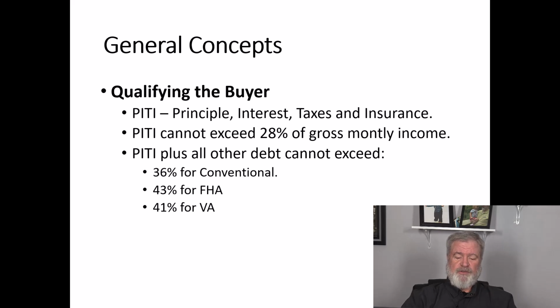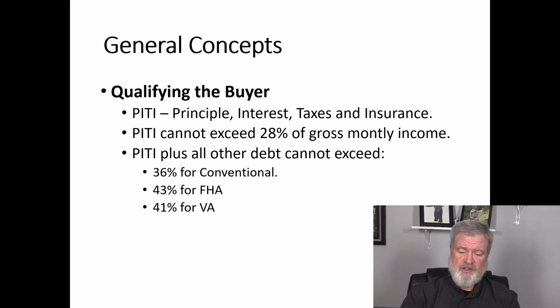Well, let's look at this. First of all, notice it says gross monthly income. What would be an average income for a lot of people? Obviously that's going to vary. I don't even know if there's an answer for that question. So we're just going to make something up here.